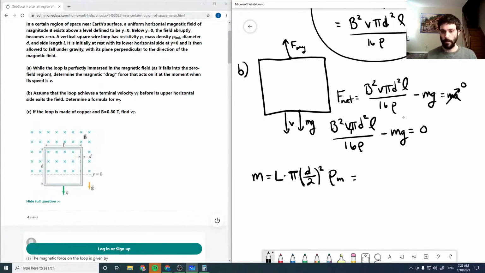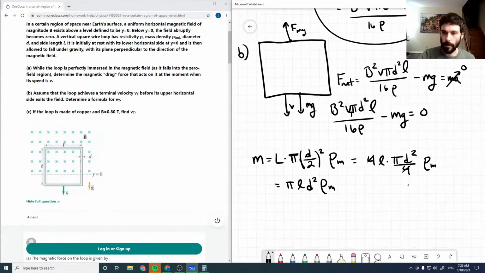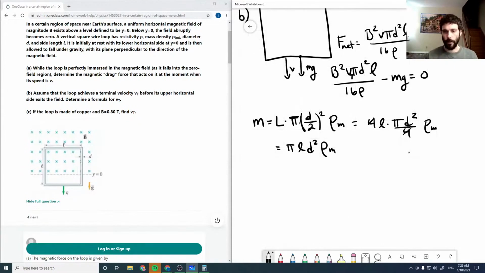And so then our length is 4L times pi d squared over 4 rho m. So the 4's will cancel: pi L d squared rho m. So that's our mass. And so then we're just going to use that in this expression above and solve for our terminal velocity.